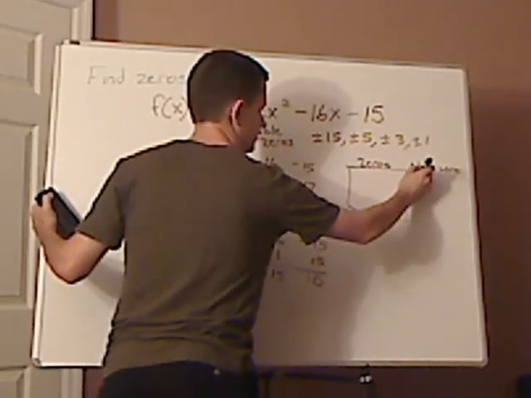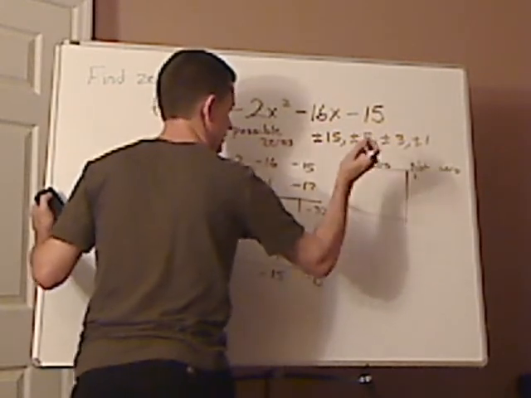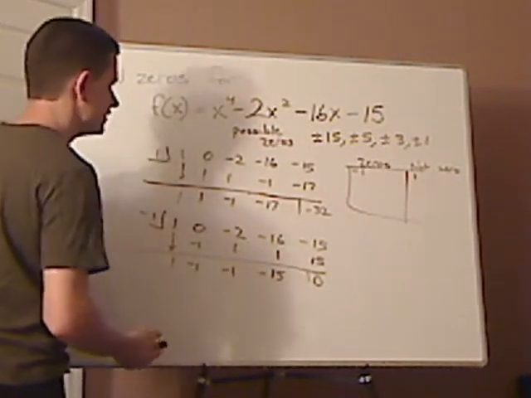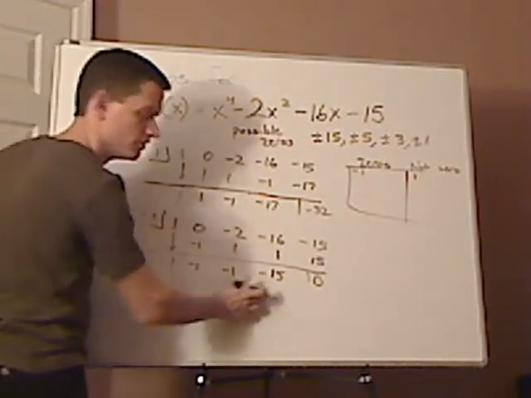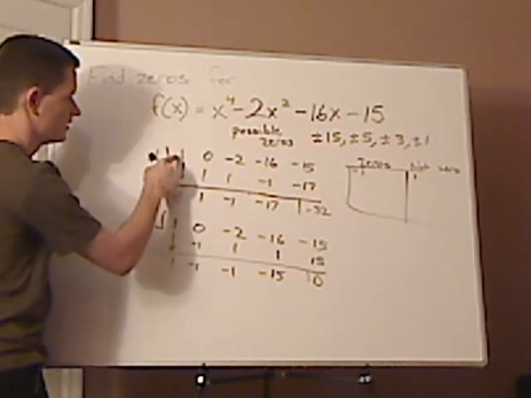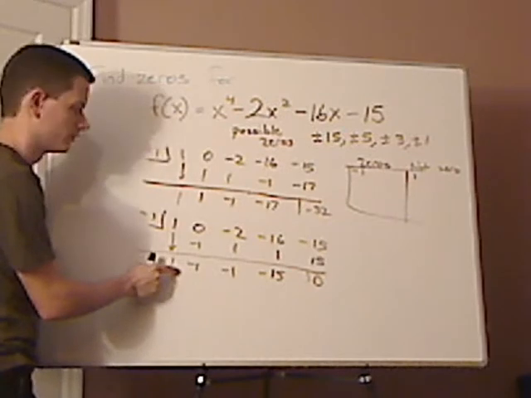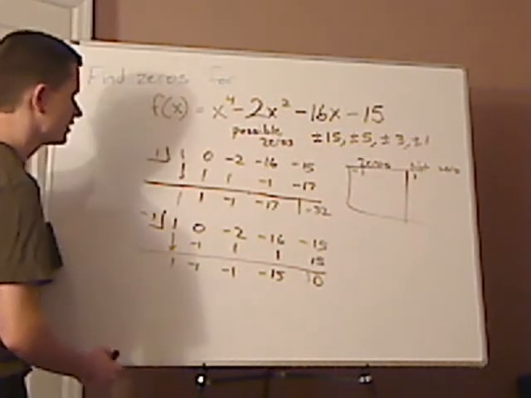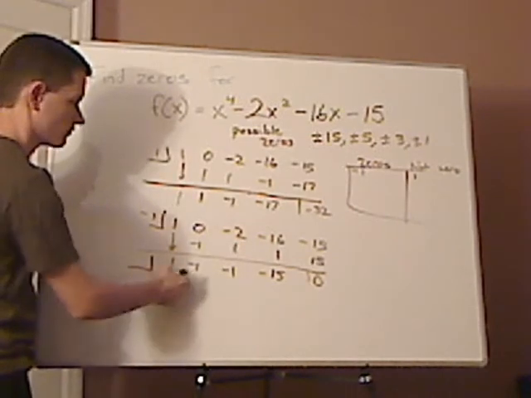Now what you can do instead of going back from the beginning is you can use this. Right now it's 1 less degree, so this was x to the 4th, so this is x cubed. So I'm just going to write from this line.